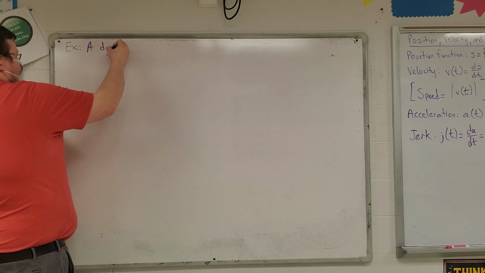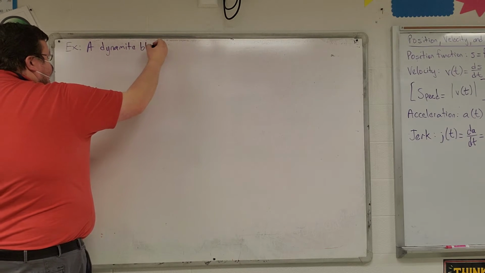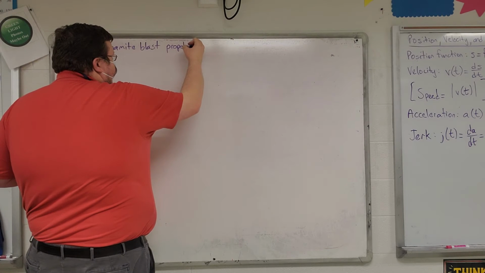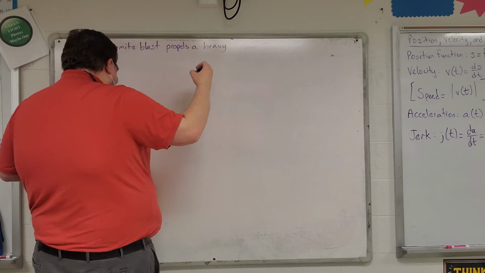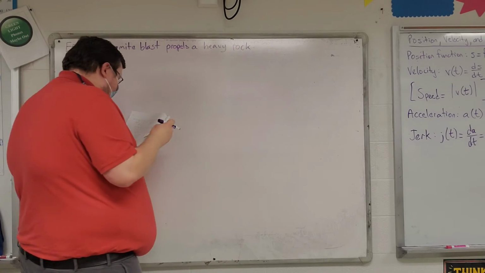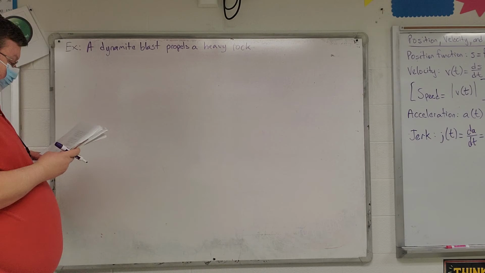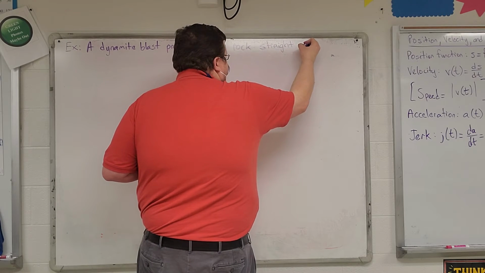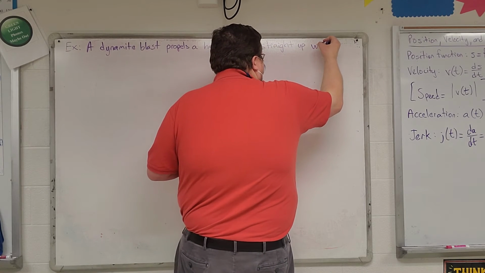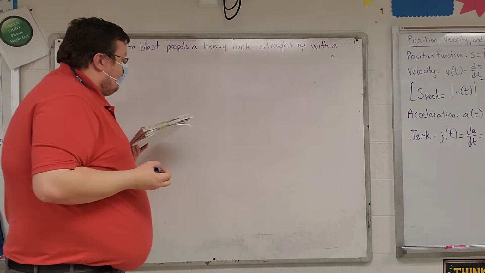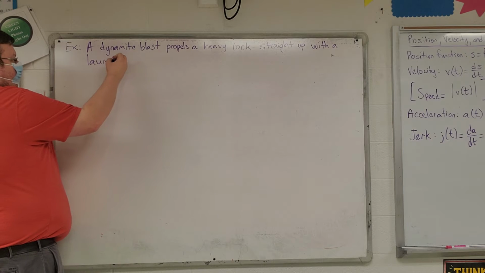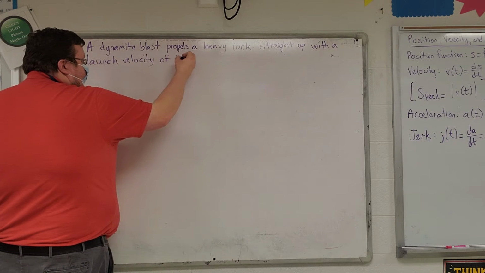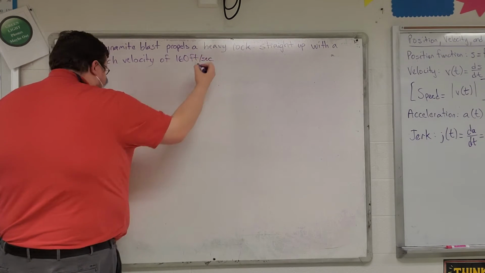So for example, a dynamite blast propels a heavy rock straight up with a launch velocity of 160 feet per second.